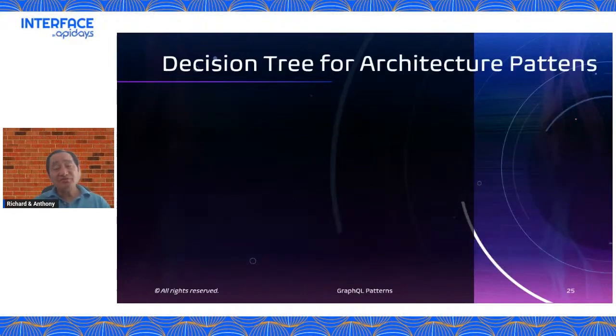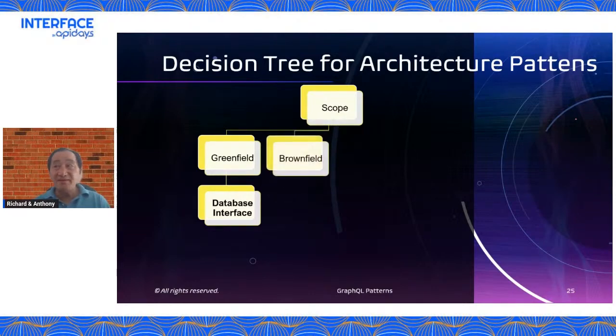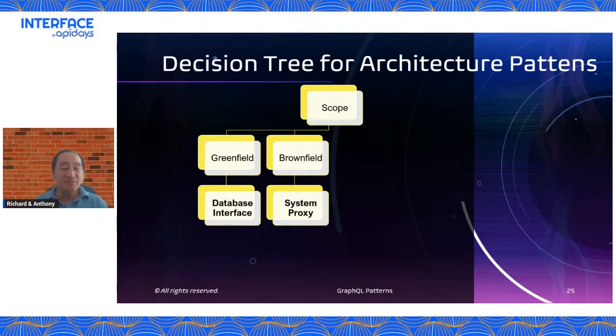So next one is, we kind of understand the pros and the cons, right? But still, you want to see how do we select, right? So this is really up to the scope of the project. Over here, I just show you the very simplified version, right? For example, if we start from scratch, it's a greenfield project. Database interface is probably the most viable thing to do. And if you start with brownfield with a lot of existing assets, services, APIs, applications, then use system proxy makes most sense.